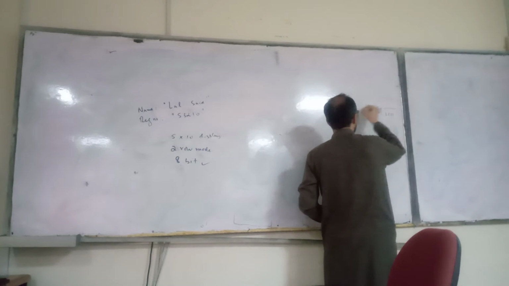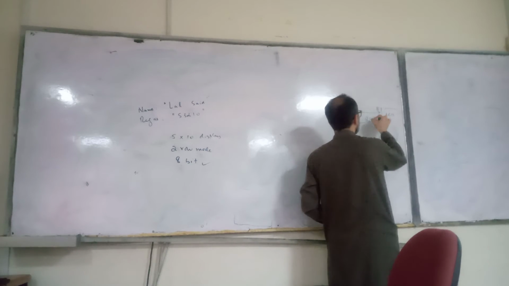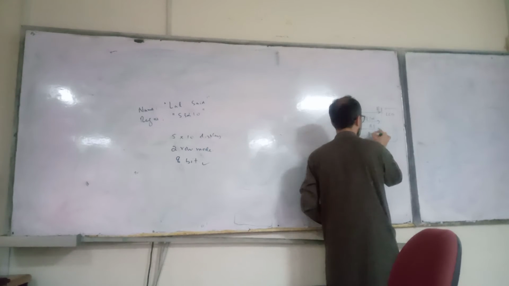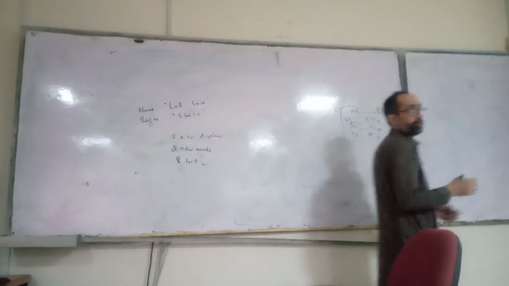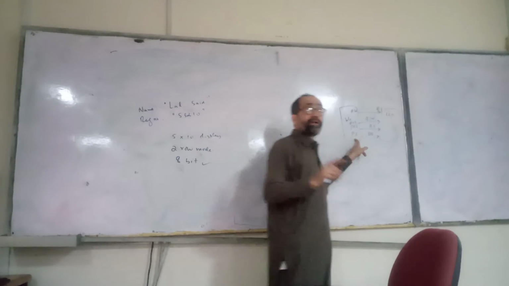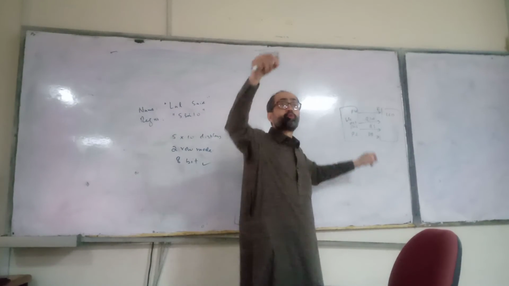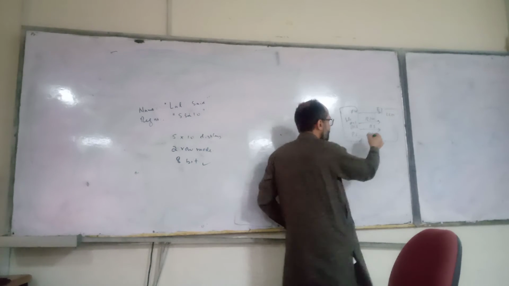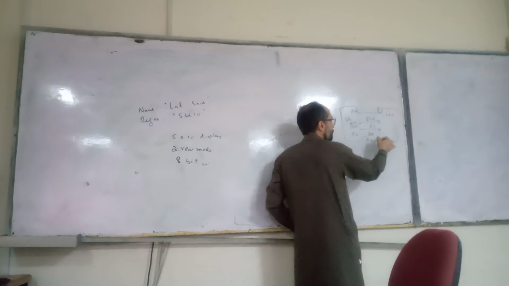E is connected with P1.0, P1.1 is connected with RW, P1.2 is connected with RS, and P2 is connected with DB. P2 is the complete port, P2.7 to P2.6, P2.5. What's the size of this data? 8-bit.